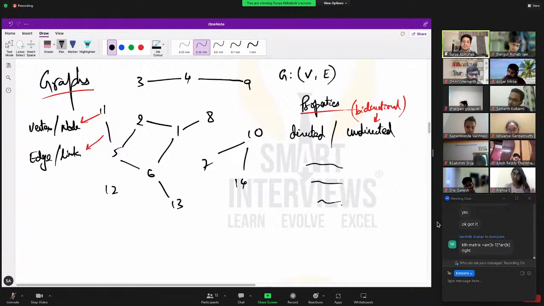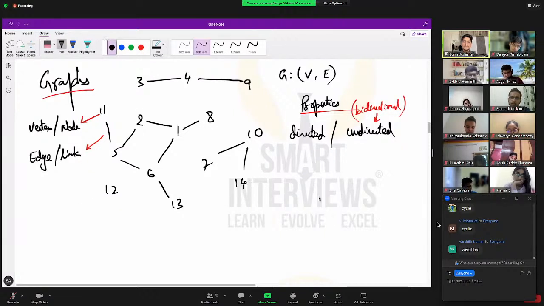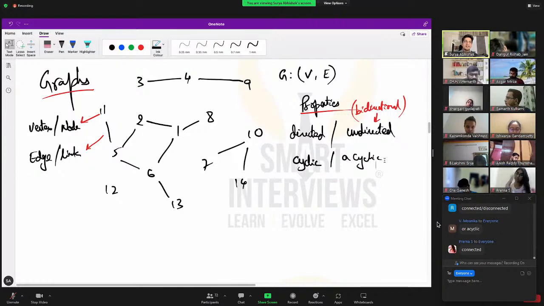Similarly, can you tell me what other properties that a graph can have? Or just look at this graph and tell me what properties it has. Cyclic, great. A graph can be cyclic or acyclic. Weighted, perfect.